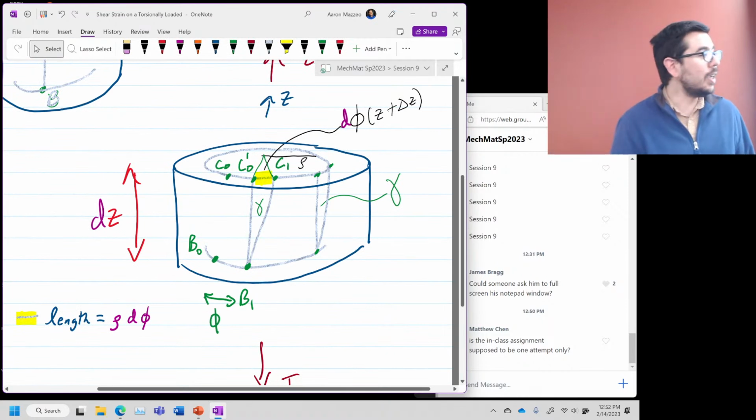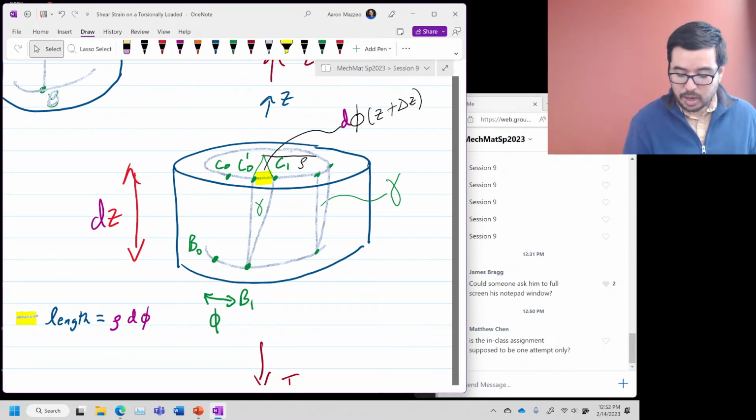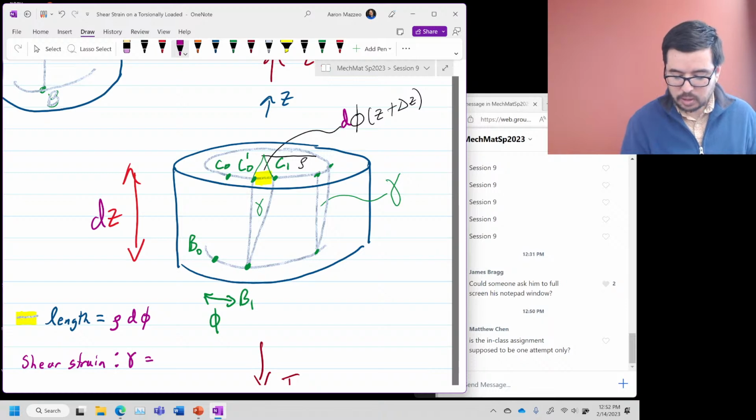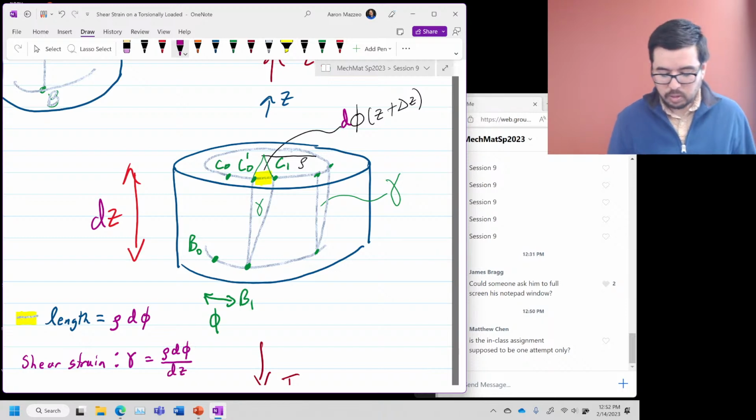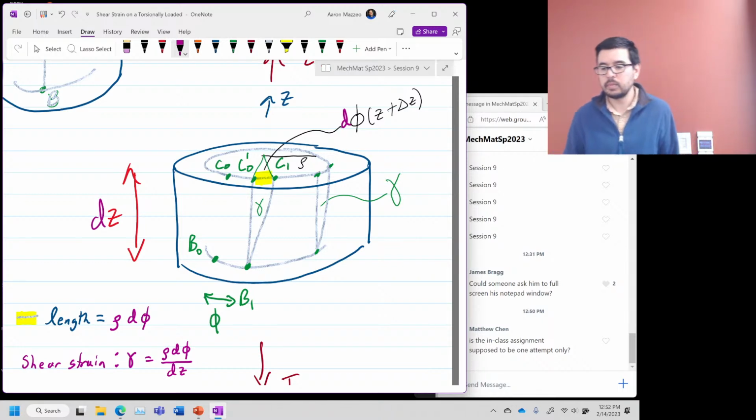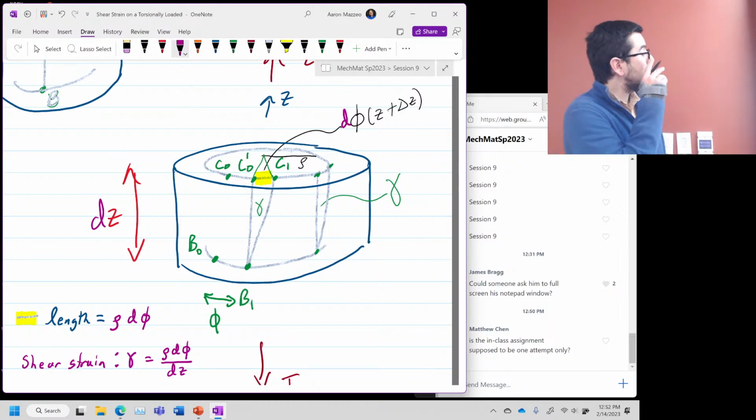Well, I know what the height is, right? It's dz. So then I can define gamma, right? So we can call shear strain gamma, and it's going to be this distance. So it's going to be rho d phi over dz. And that's how we define shear strain.